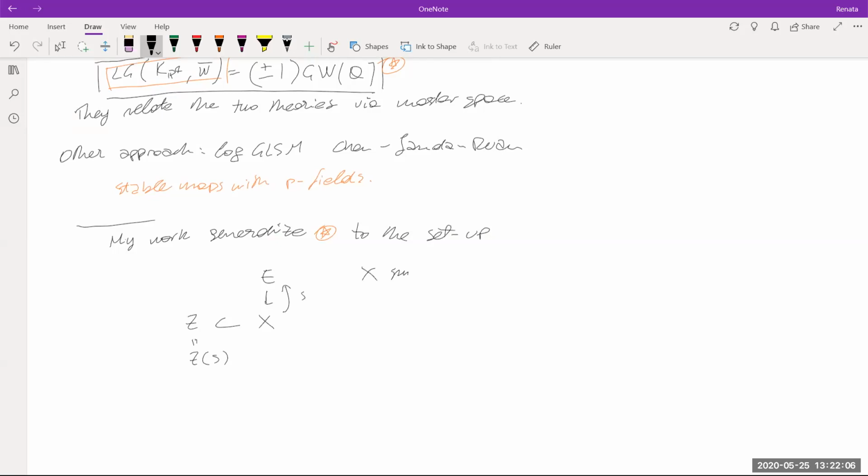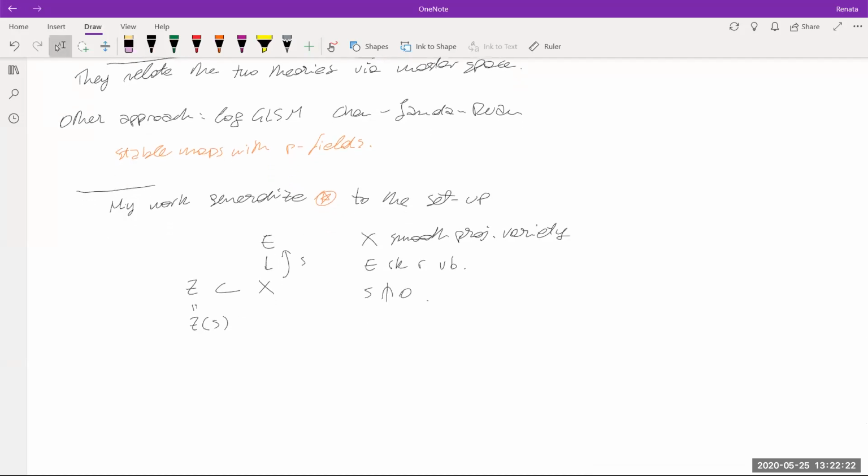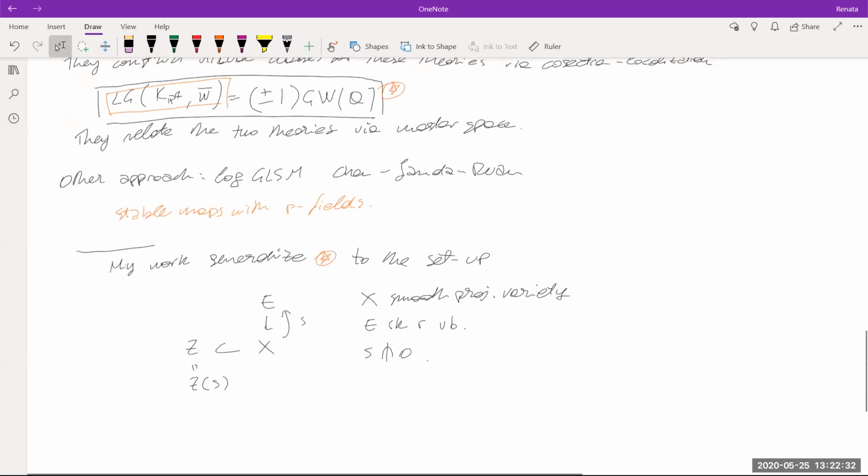X is some smooth projective variety. E is a rank r vector bundle. And S is some regular section, so it intersects the zero section transversally. So Z is smooth, and it has some Gromov-Witten theory, and also there's some theory of stable maps with P fields on X determined by the bundle E and the section S, and I want to relate the two theories.